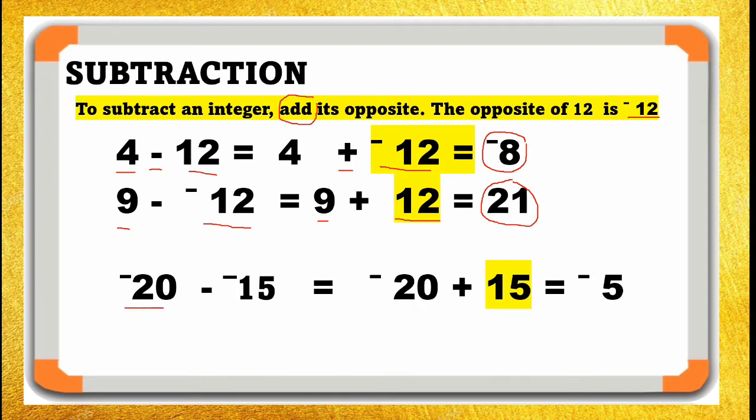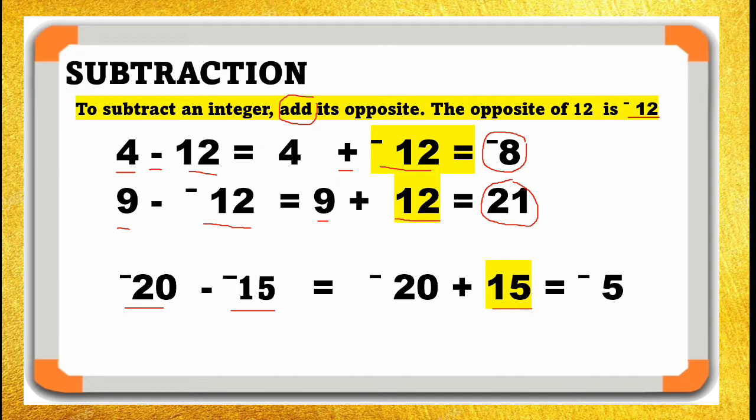Now, next example. Negative 20 minus negative 15. So you are going to change negative 15. By the way, class, you change to the opposite of the subtrahend. So negative 15 changed to positive 15.